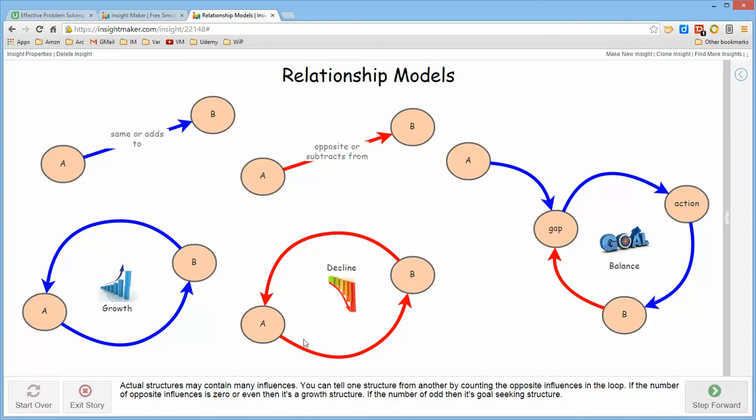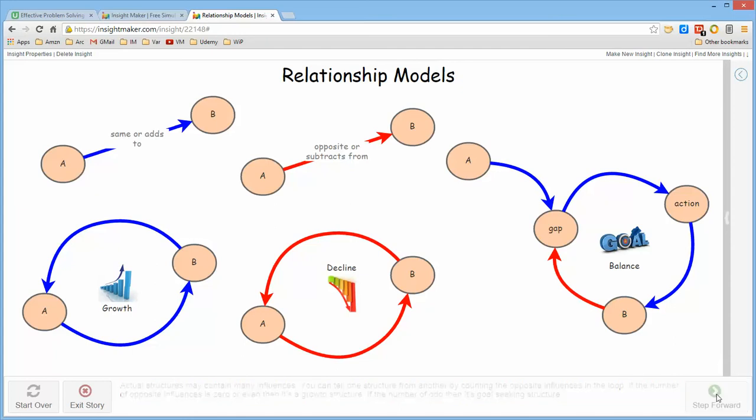This contains an even number, so it's the opposite of growth or decline. This contains one opposite relationship, so it's a goal-seeking structure. You may find that initially it's a little overwhelming, but after you spend a few minutes with them, it gets pretty obvious.